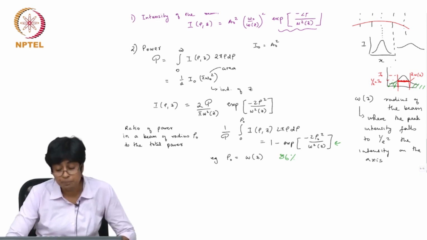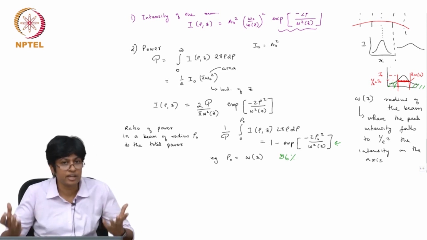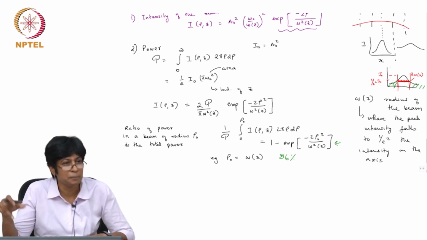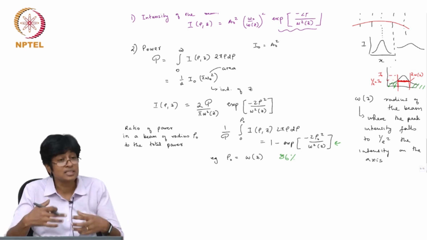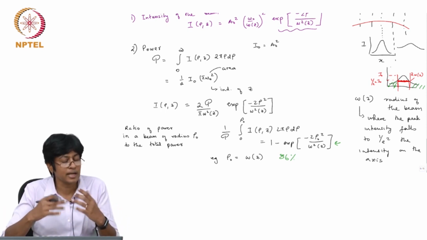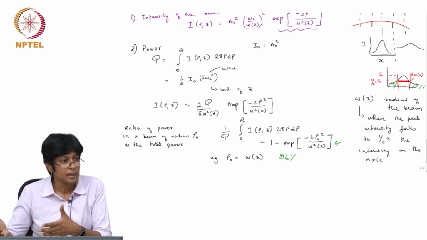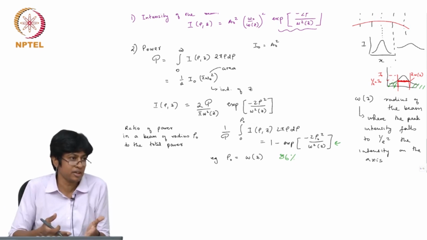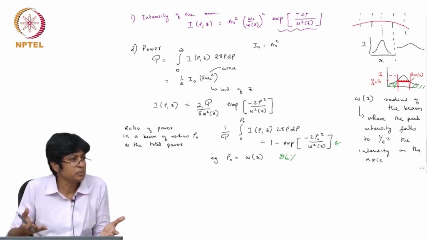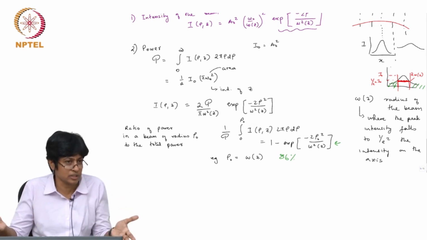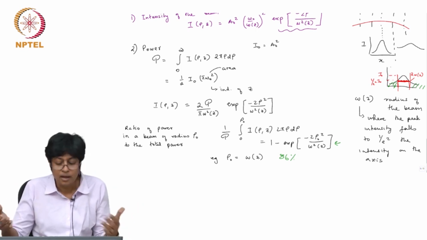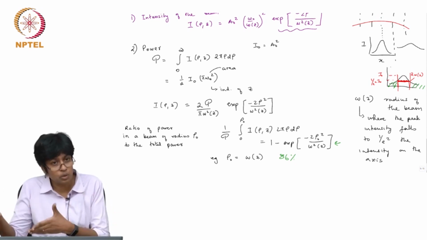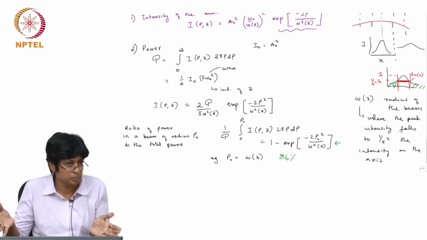Now, suppose you had got a value of 5%. You would then say this definition of radius is a pretty bad definition. It gives me an idea of the size of the Gaussian beam, but what I call the size of the beam only contains 5% of the power. I would consider that a bad definition. With rho naught equal to omega of z, I get 86% of the power.